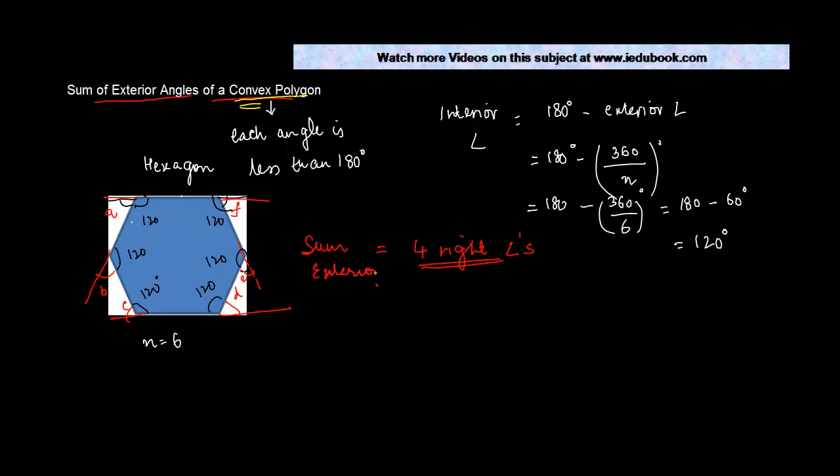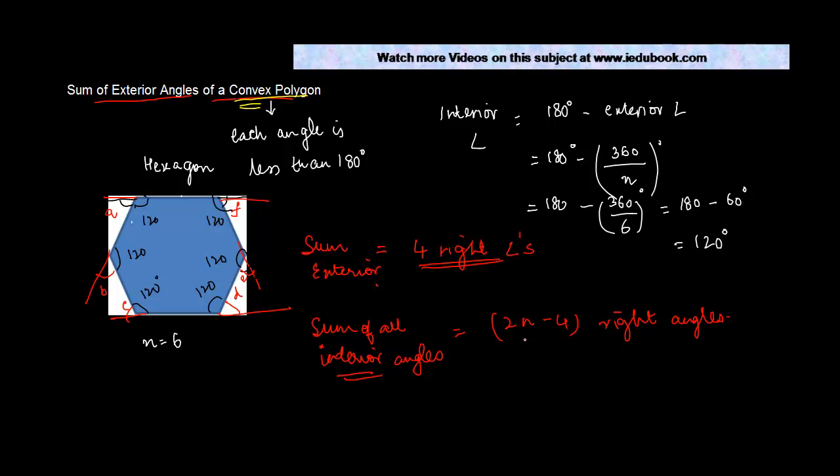So this is for the exterior angles. Now in the same thing, the sum of all interior angles is equal to 2n minus 4 right angles. A little different, right?